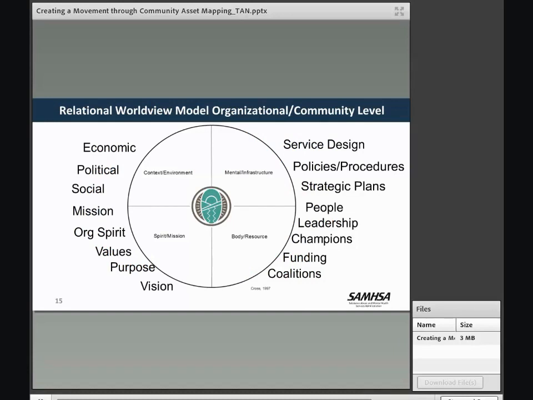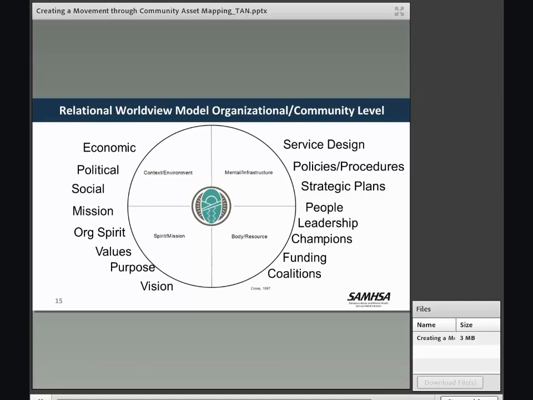And then when we look at it at the organizational or the community level, the context quadrant becomes the environment, the mental quadrant becomes infrastructure, the body becomes resources, and the spirit becomes mission.